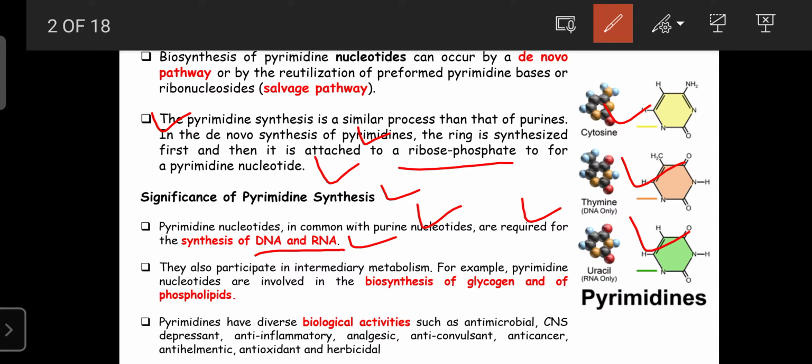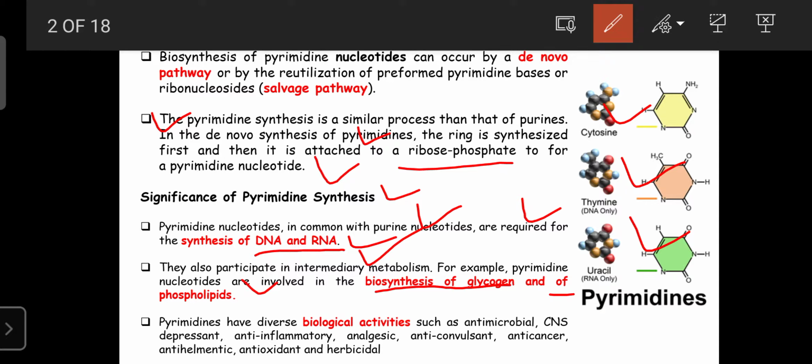Okay, so these pyrimidine nucleotides also participate in intermediate metabolism. Like purines, the pyrimidine nucleotides are also involved in the biosynthesis of glycogen as well as the biosynthesis of phospholipids.